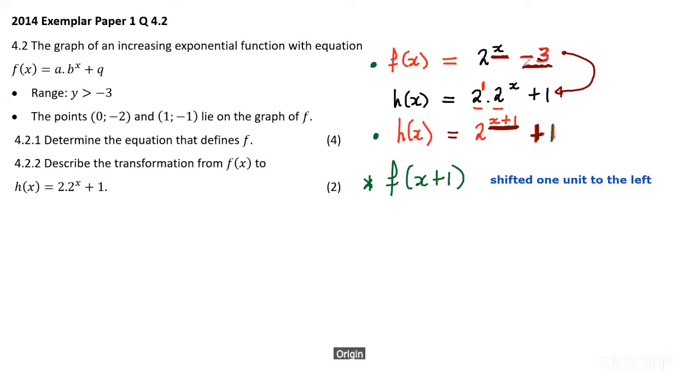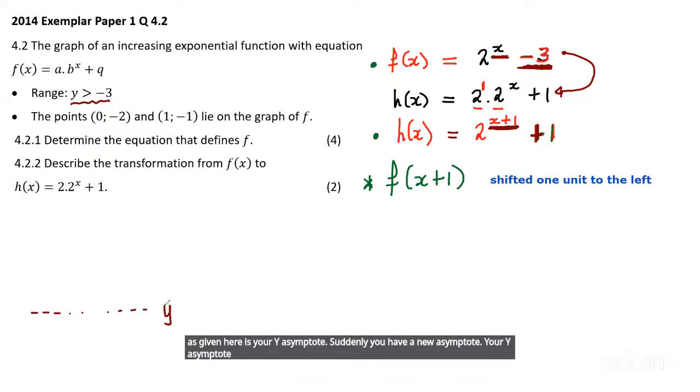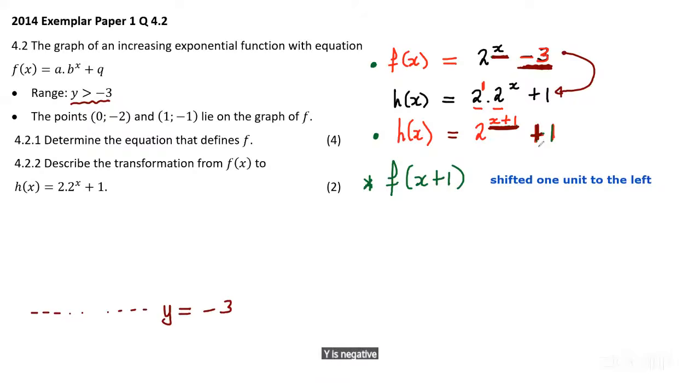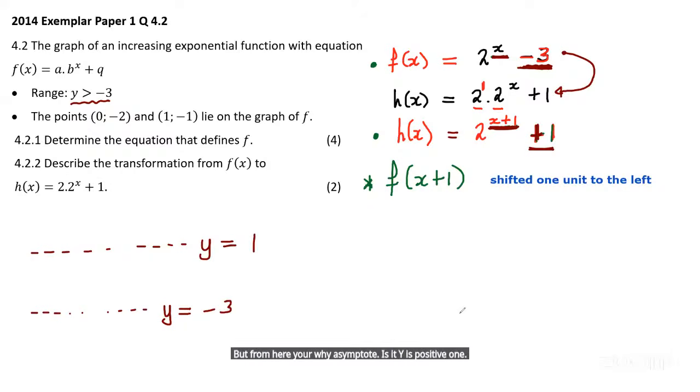Literally, this minus 3 as given here is your y asymptote. Suddenly, you have a new asymptote. Your y asymptote was y is negative 3. But from here, your y asymptote is at y is positive 1. What did I do to move my asymptote from negative 3 to positive 1? Let me see what I did.